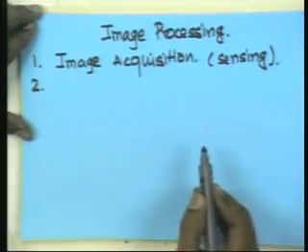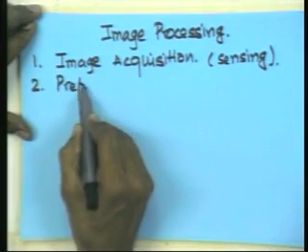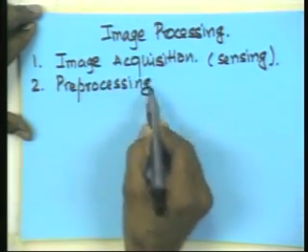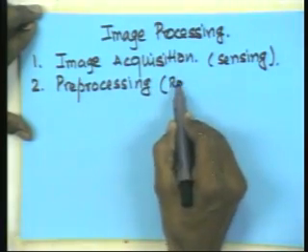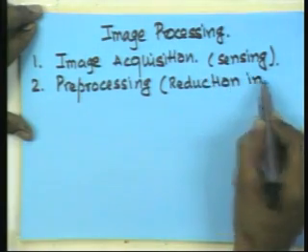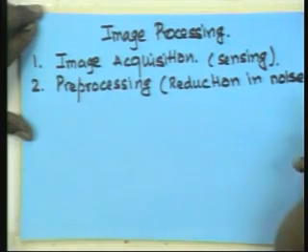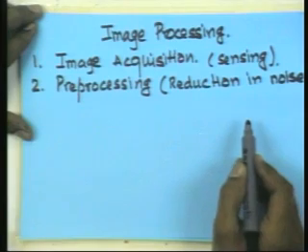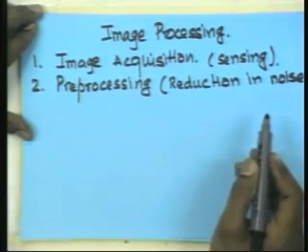Next, once you have an image, then we will do some pre-processing. Now, pre-processing is usually used for reduction in noise. And noise, when we say, we are talking about picture noise, normally we associate noise with audio signal. This is in a picture, if there are defects, then it could be due to some noise present.